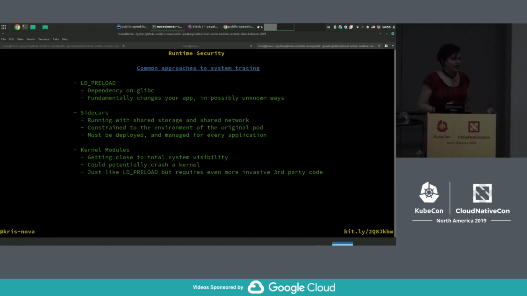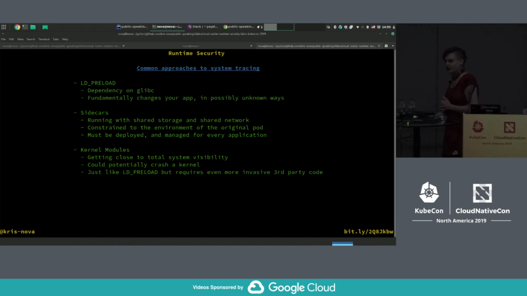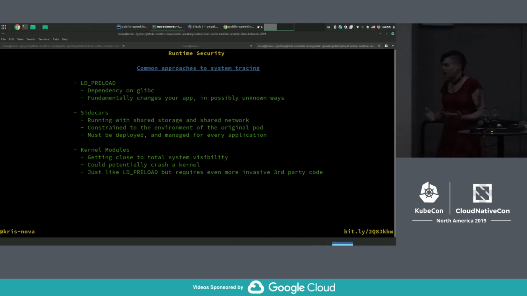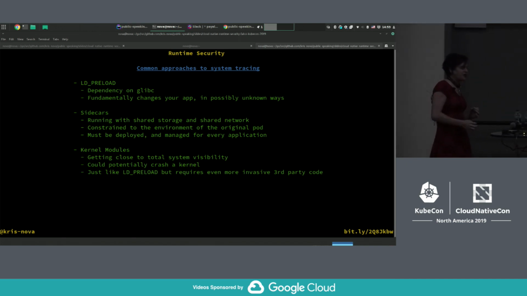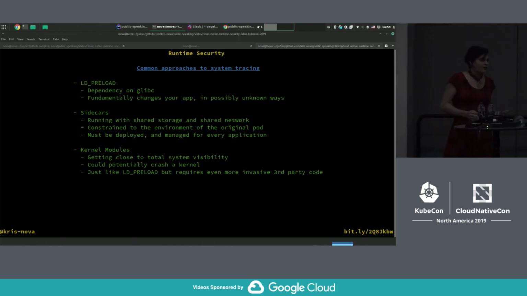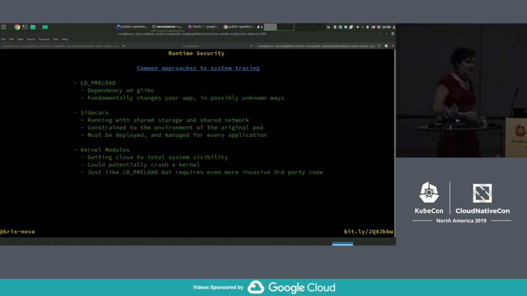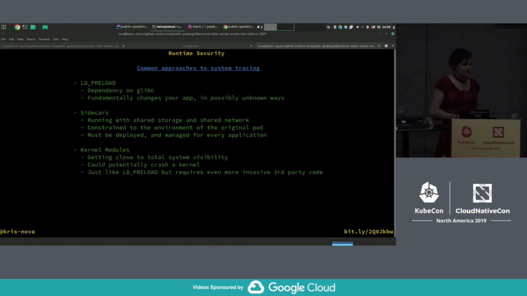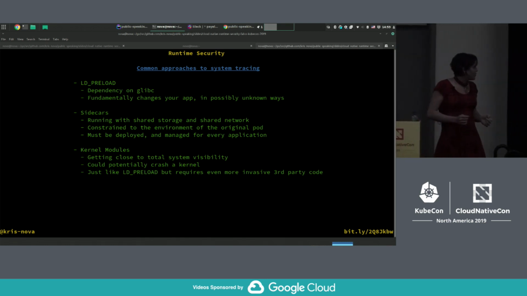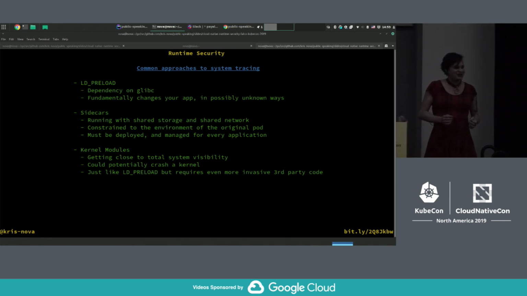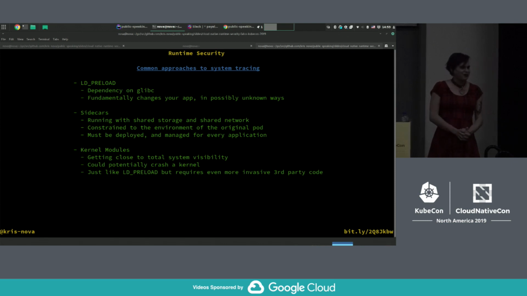So then we looked at kernel modules. This allows us to write arbitrary code in the kernel, but like I mentioned earlier, these could potentially crash a kernel. So it's a little bit better than LD preload, but there's still some risk here. Furthermore, if we're already not scared enough apt-get installing a random package.dpkg from the internet, we're now effectively telling people to just trust us and run our kernel module in your kernel.